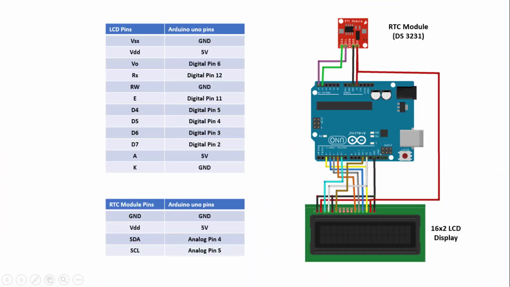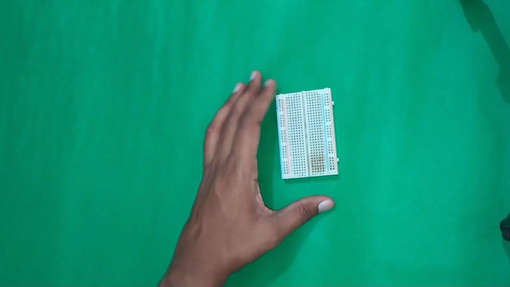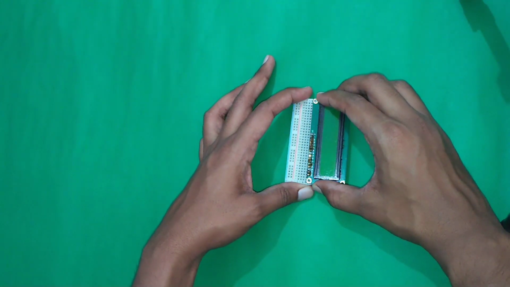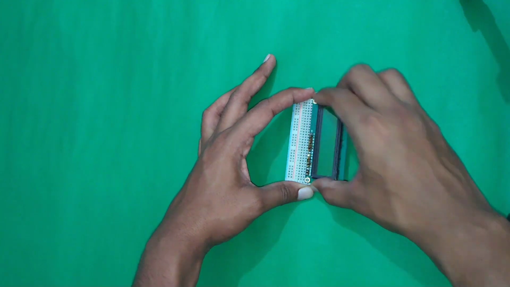First we will make the circuit. So we will take a breadboard and we will mount our LCD display to it like this.